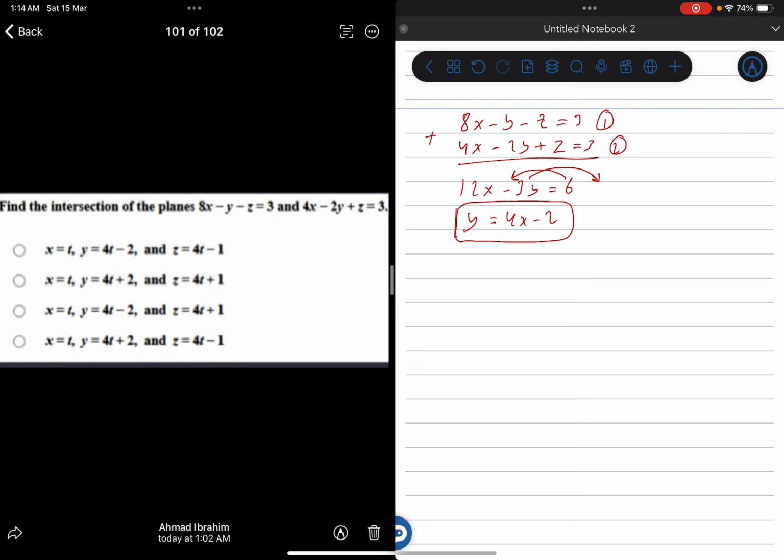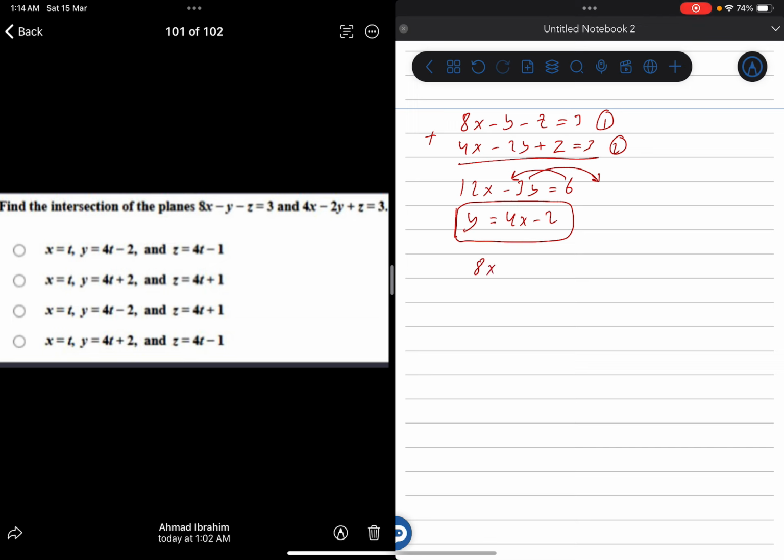Then substitute y into one of the original equations, 1 or 2, to find z. So we can choose the first equation.